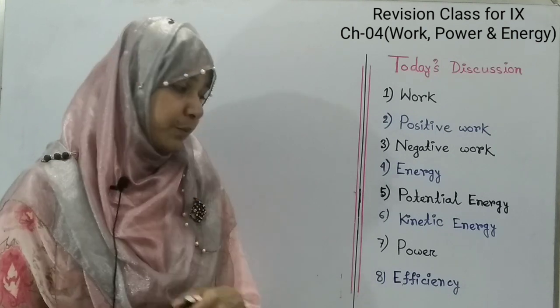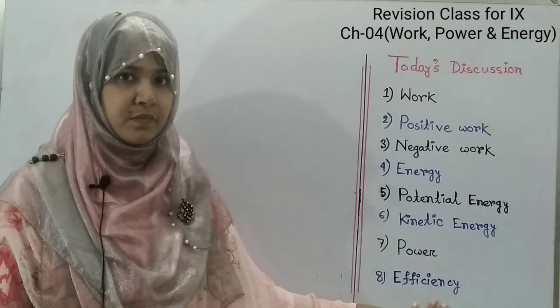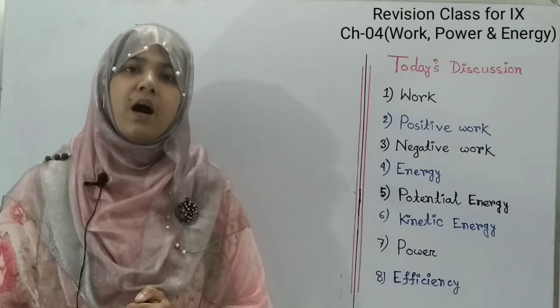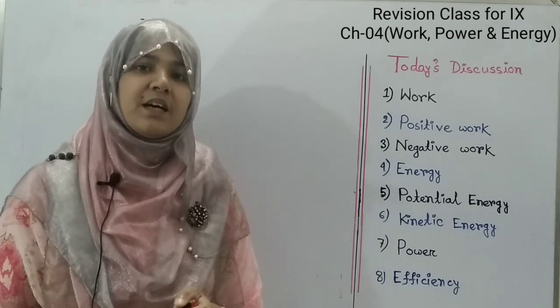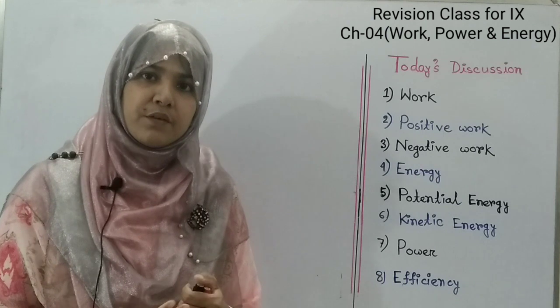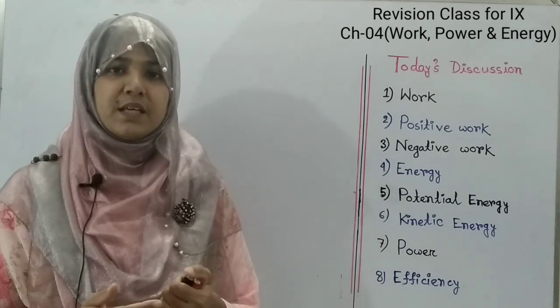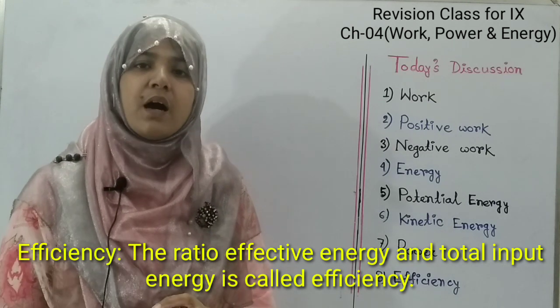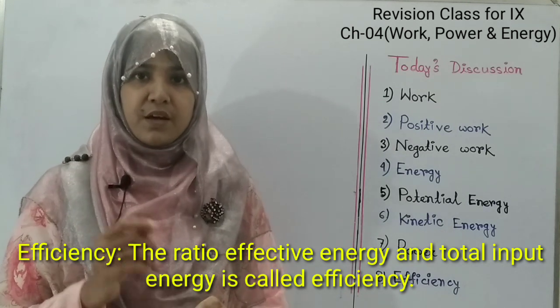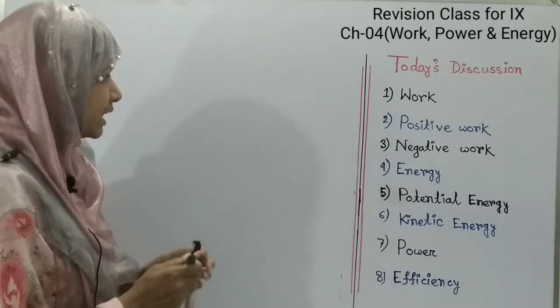Now the last topic is efficiency. Efficiency means how much of the given energy we obtained as effective energy. Efficiency is the ratio of effective energy and input energy. Efficiency is denoted by eta.